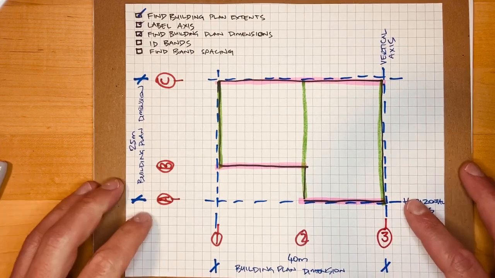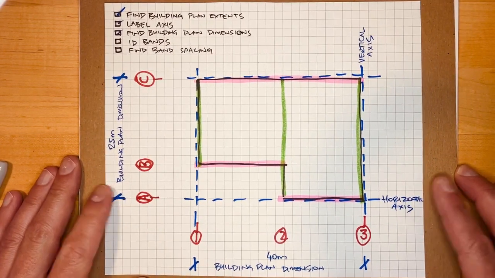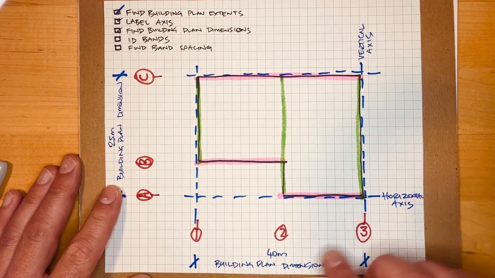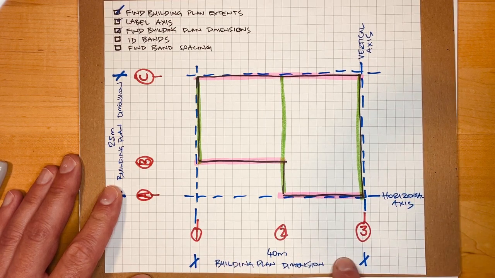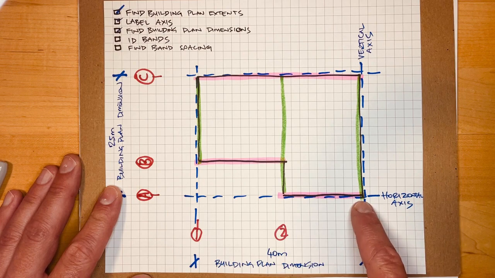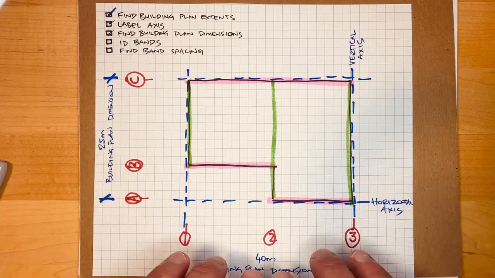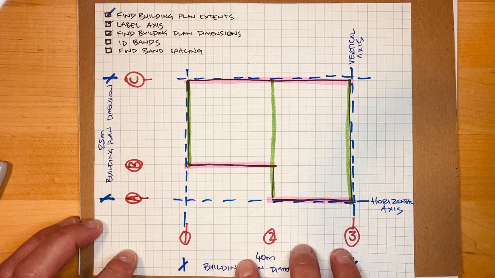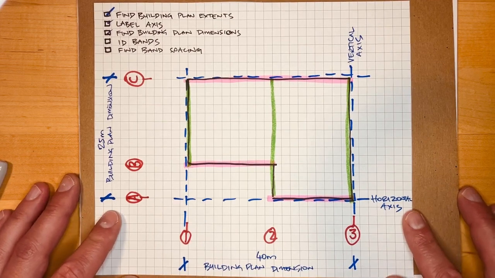Now, it's really important to make this distinction because it is intrinsic to the way the calculations work in the calculator. The building plan dimension along the horizontal axes is going to be related in the same way to these bands. So the whole layout has to match for the calculations to work.